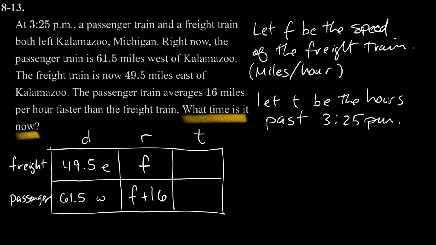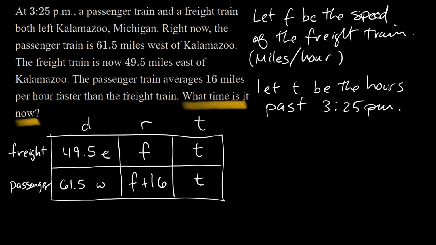But now that I know that t is the time in hours past 3:25, I can let both of these be t. I do know that distance equals rate times time. The two distances together represent the total distance traveled.